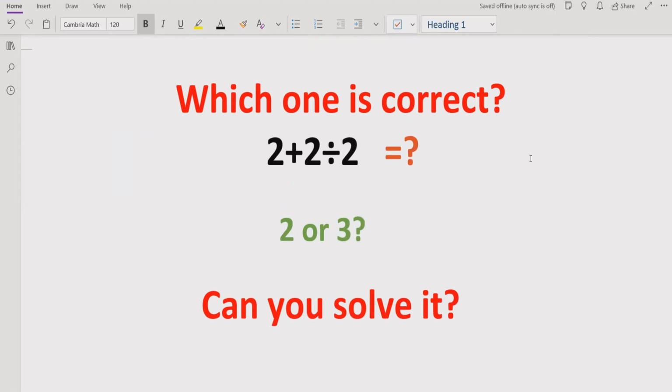If you go the wrong way, you will solve this question in the wrong way, so you will get the wrong answer. And if you follow the correct rules to solve this expression, you will get the correct answer. Now we will see how we can solve this simple expression and find the correct result.